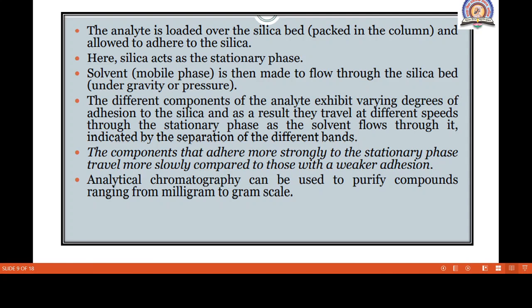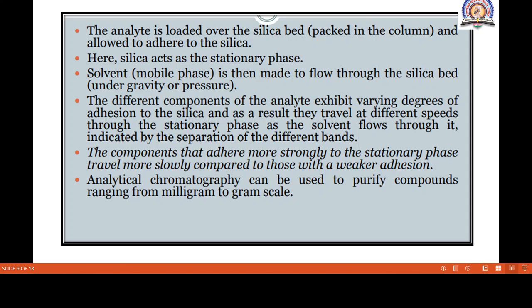So here the points are given. The analyte is loaded over the silica bed and allowed to adhere to the silica. Here the silica acts as the stationary phase while the solvent acts as the mobile phase, which flows through the silica bed. Due to gravity or pressure, it goes in the downward direction.